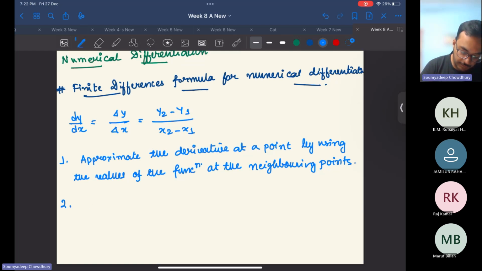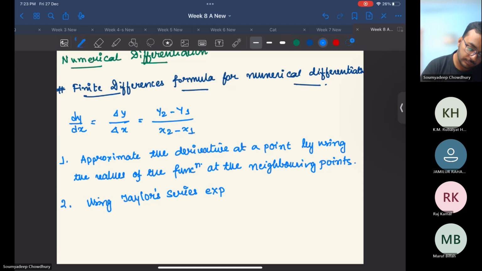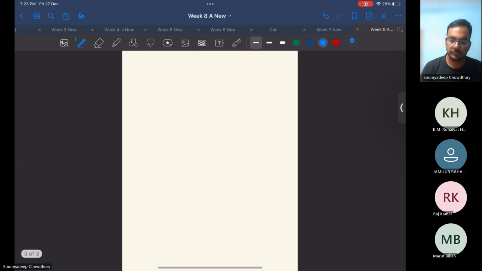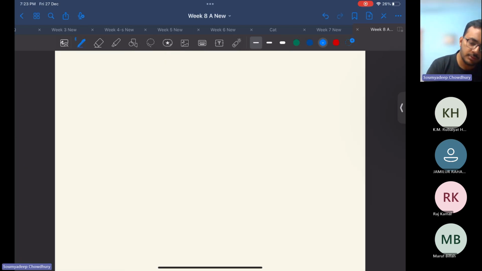In order to approximate these functional values at different points, we use the Taylor series expansion. So now the question arises how we do that. Suppose, I'll show you geometrically first.